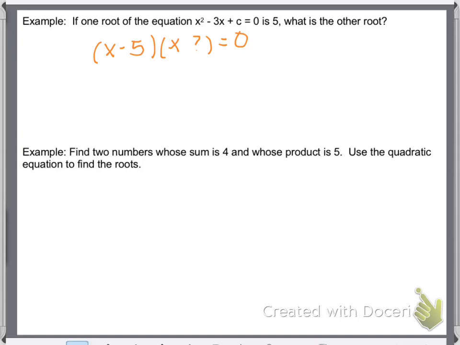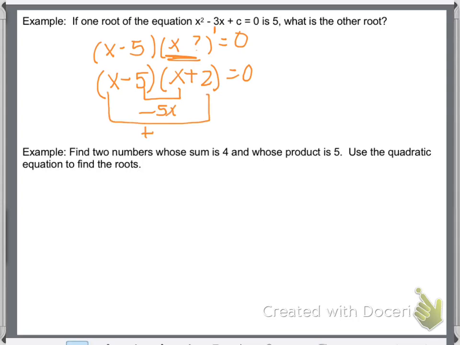So what factor would we have here to make the b come out to be negative 3? Well, we would get negative 5, so negative 5 plus 2 would give us negative 3. We'd get negative 5x, we'd get positive 2x. That gives us our negative 3.